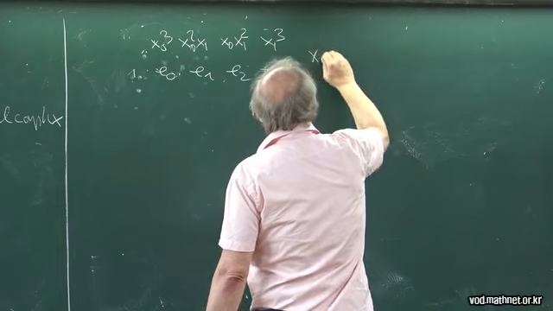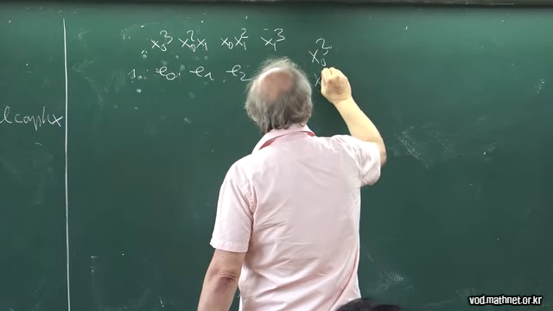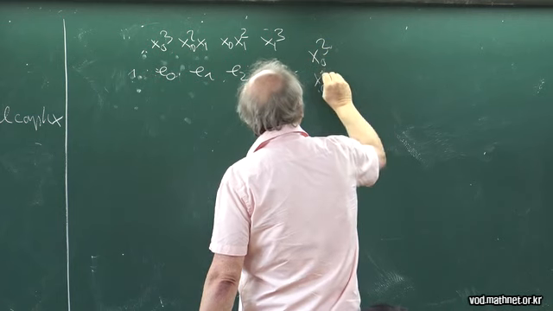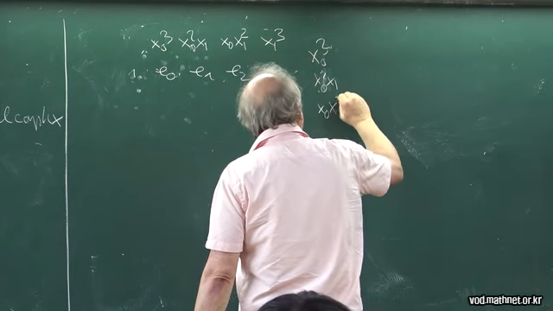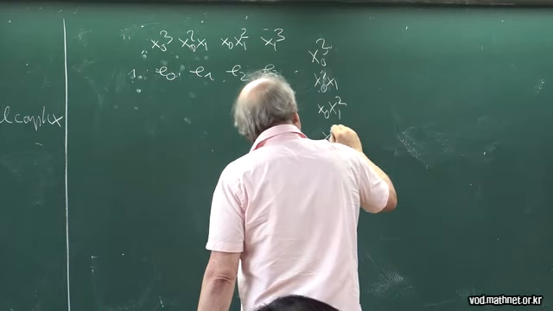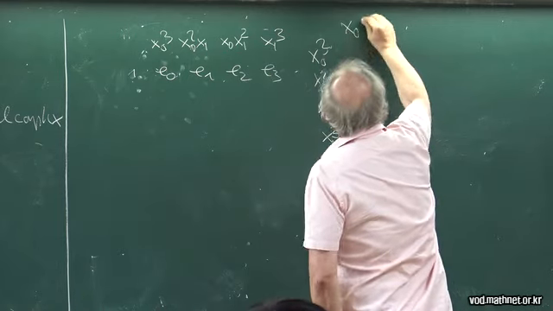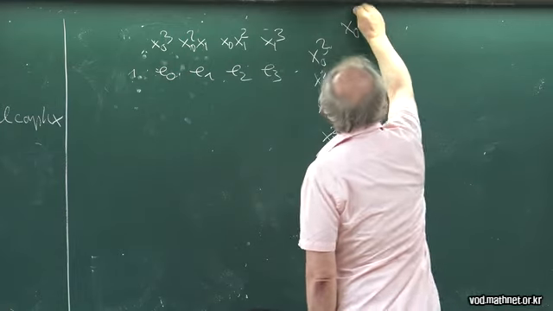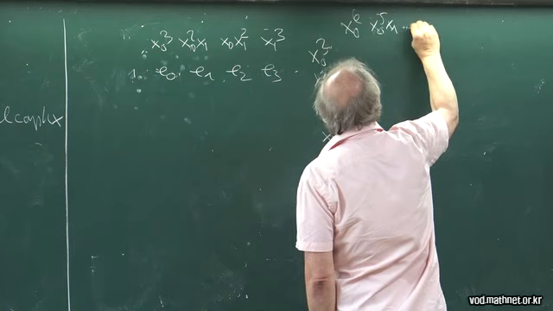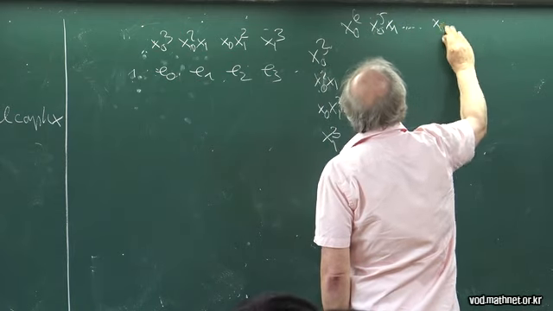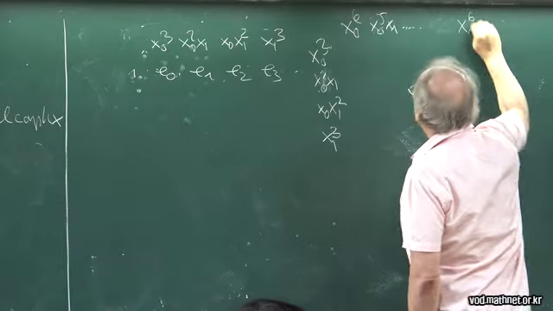Now if we do the next matrix, we have x0 to the 6, x0 to the 5 x1, up to x1 to the 6.